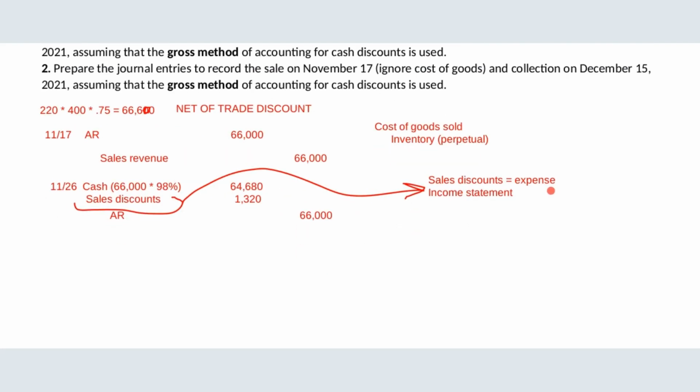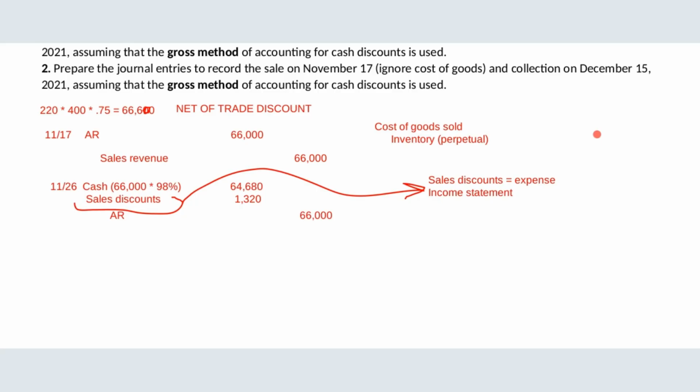And then in part 2, we are told that the customer didn't take advantage of the discount terms. And so for number 2, our first entry will be the same. Okay, so debit AR for 66 and credit sales revenue for 66.